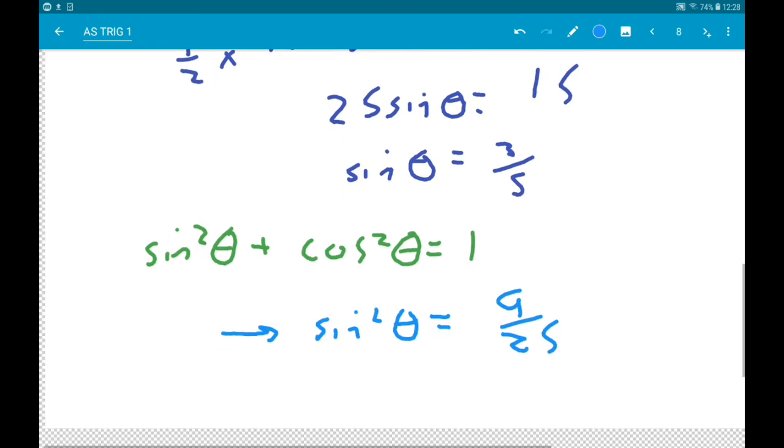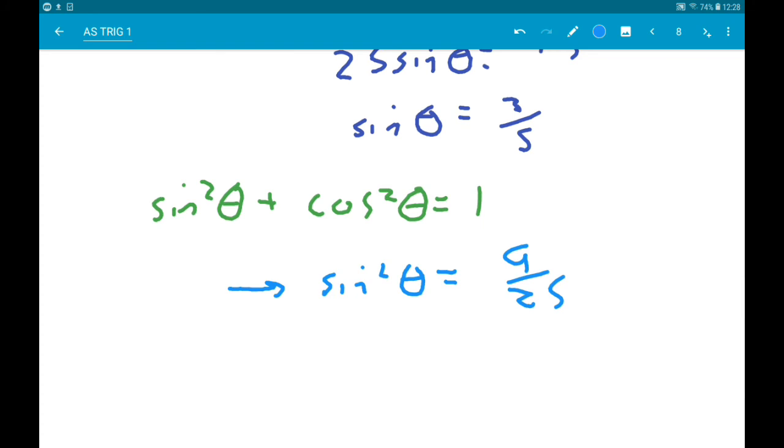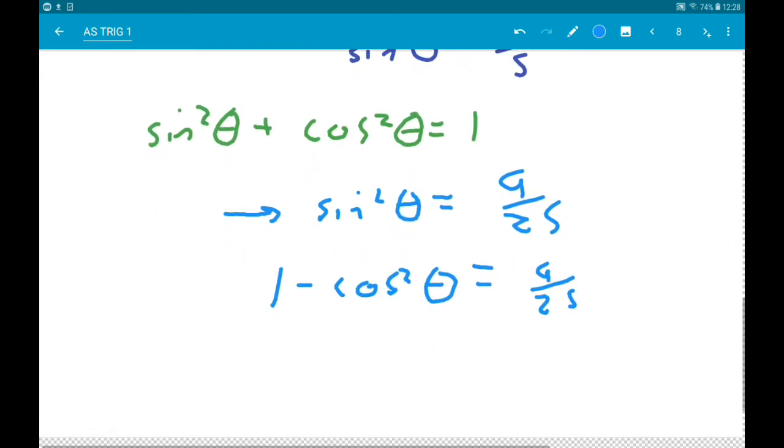So that's 1 minus cos squared is 9/25. Now we're going to add cos squared and subtract 9/25 from both sides.